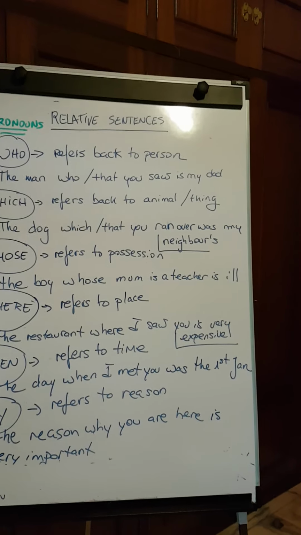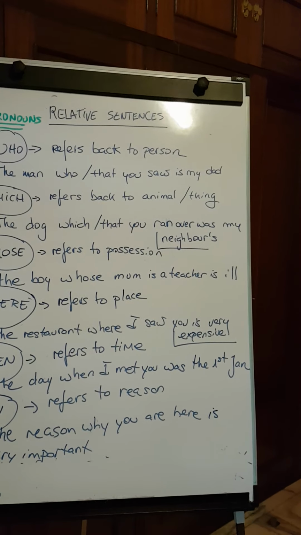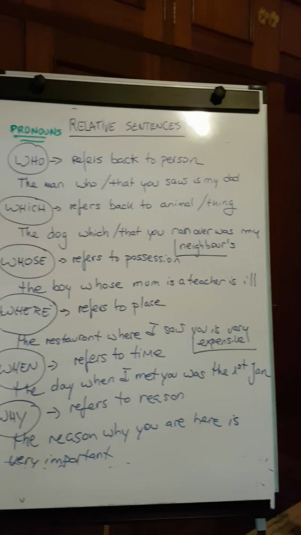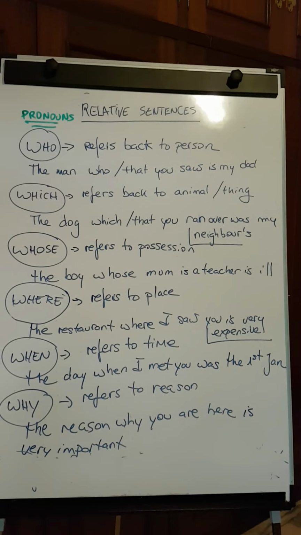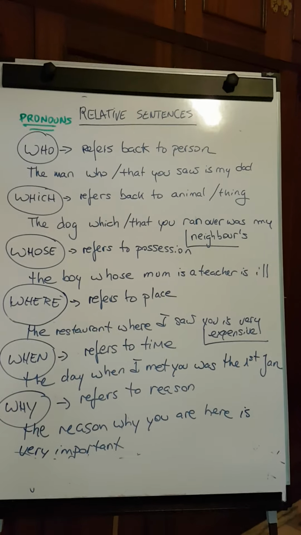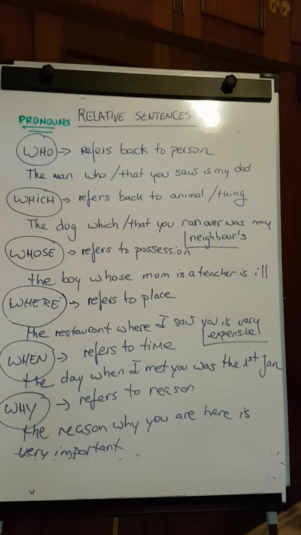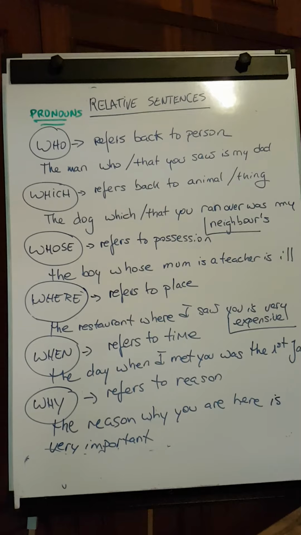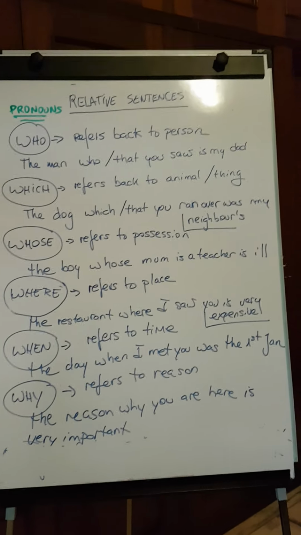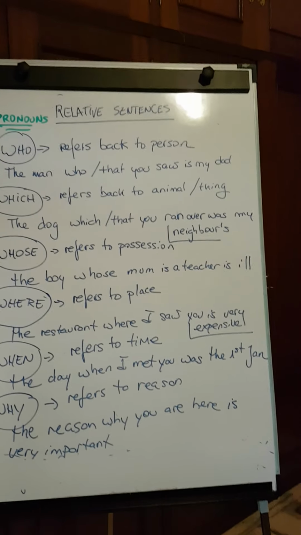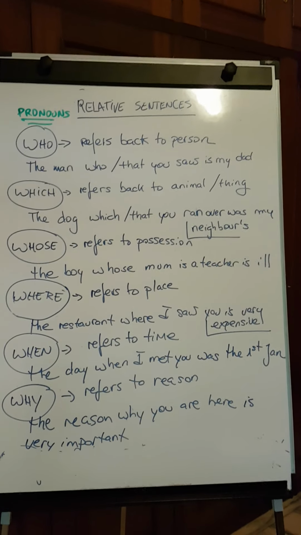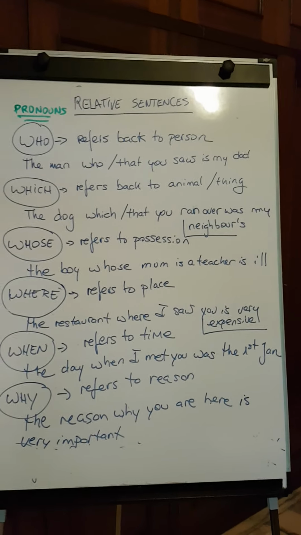We don't know what man we are talking about. So we need a relative sentence, which, as I was saying from the beginning, works as an adjective that comes after the word it refers to. That is very important because we will have to do a type of activity which implies joining two sentences, and you have to be very careful where you put the relative sentence.